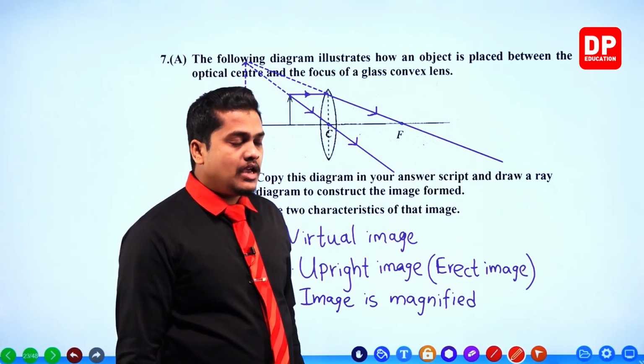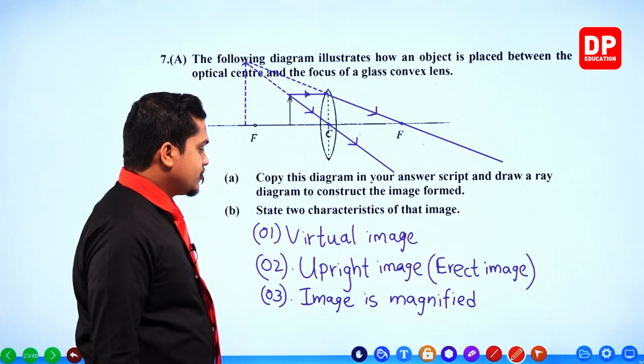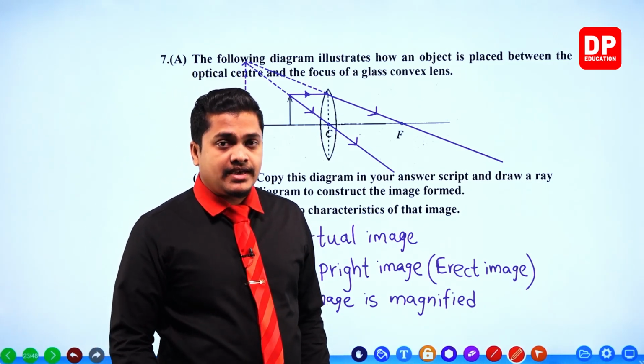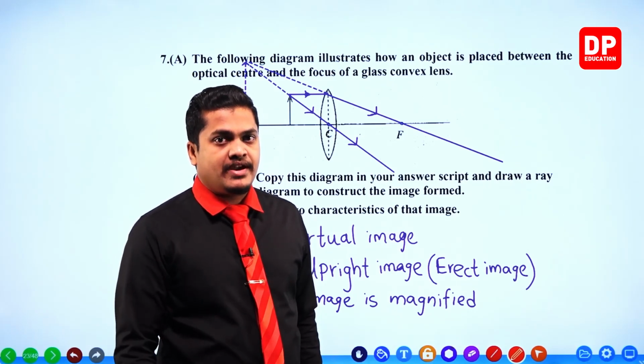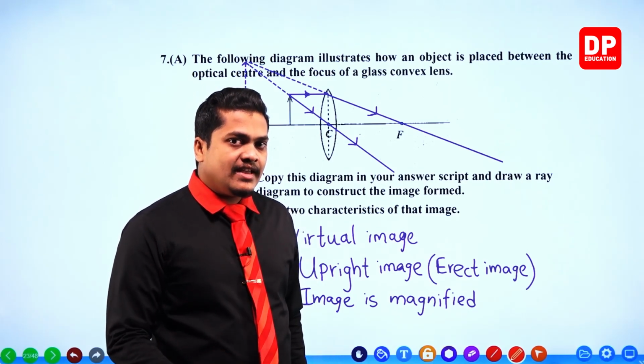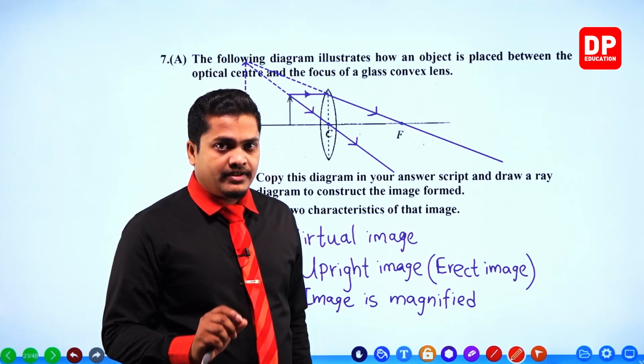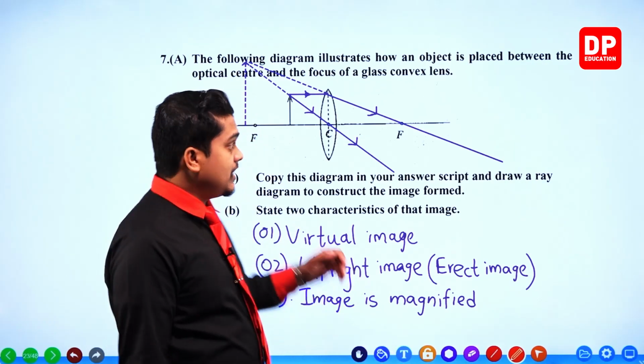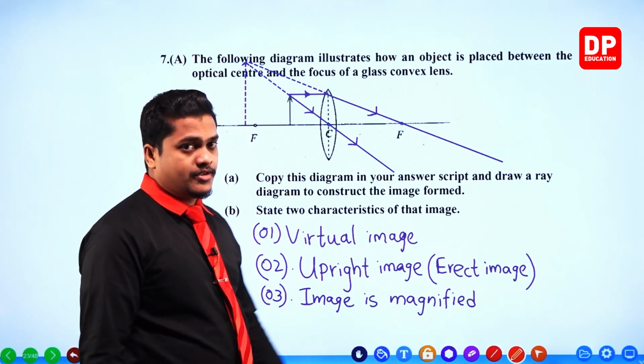But however, I have mentioned all 3. So the image is magnified. Magnified means it is larger than the size of the object. That's what we mean by magnified. If it is smaller than the size of the object, then we refer to that as diminished. So this is magnified, larger than the size of the object.